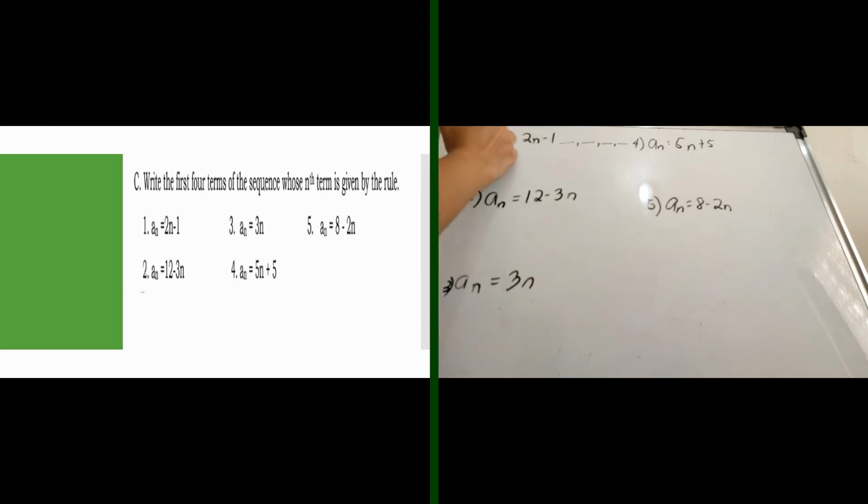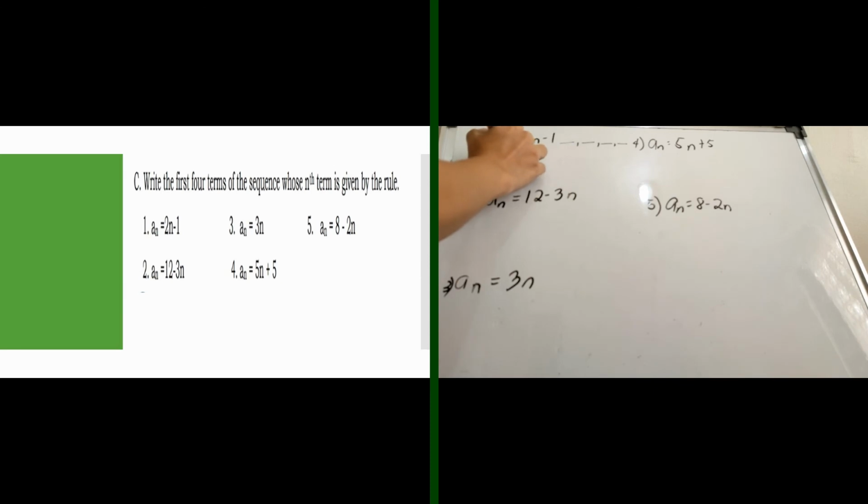So, for us to get a sub 1, or the first term, instead of writing n, you're going to write 1. So this will be 2 times 1 minus 1, which is equal to 1. Now, let's have a sub 2.